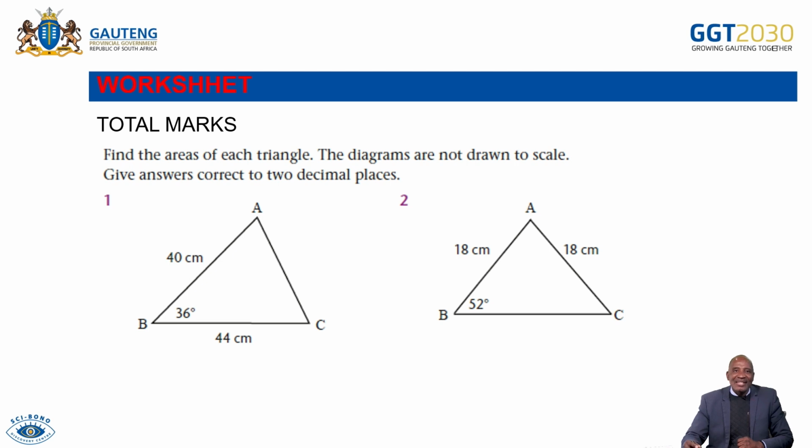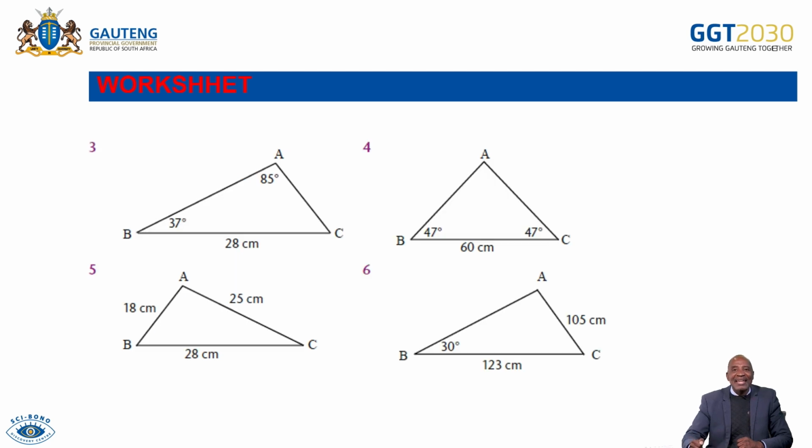Right, there is your worksheet. Go through these questions. You are asked to find the area of each one of them. They are very tricky because for you to find the area, for some of them you will have to find some missing sides. This is where you have to think of the sine rule, the cosine rule, solve your triangle, find all the missing sides, and then you will be able to find your areas.